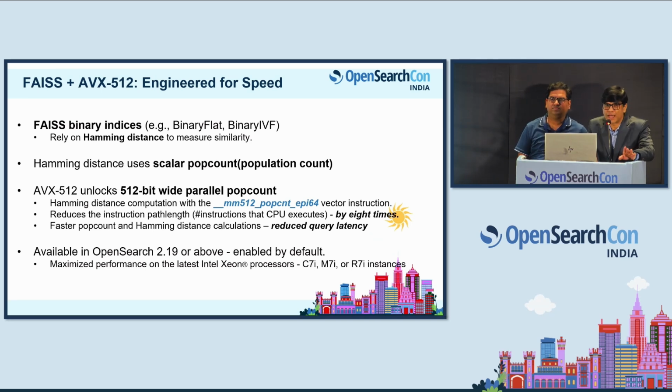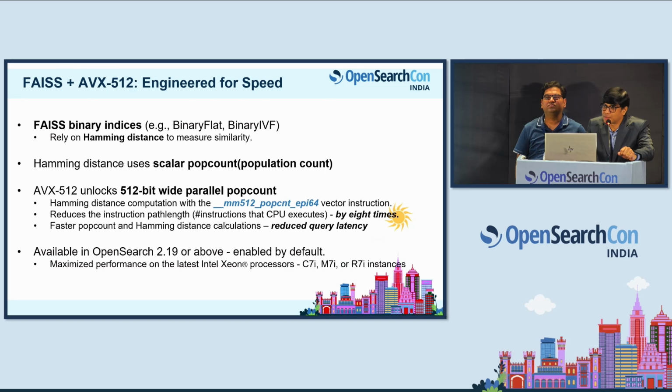Anyone know what a binary vector is? We talked about dense vectors, sparse vectors, and there is another term called binary vector. What is it? Any idea? It is 1s and 0s, absolutely. So converting a full precision float value into zeros and ones will definitely save a lot of space, but that comes with a penalty.